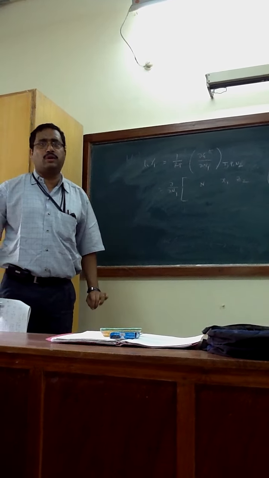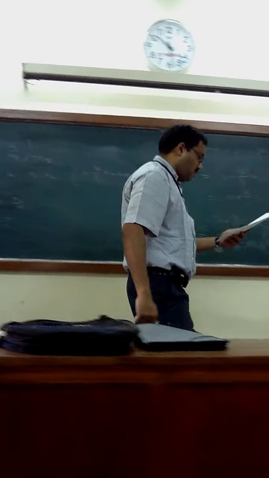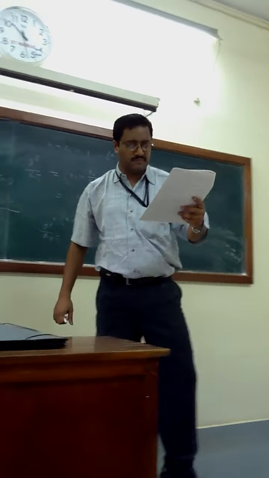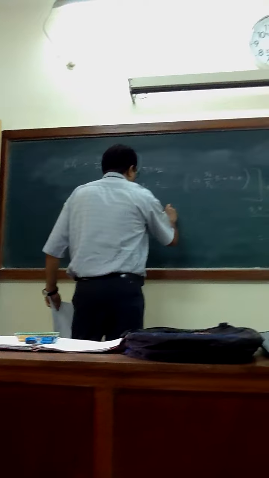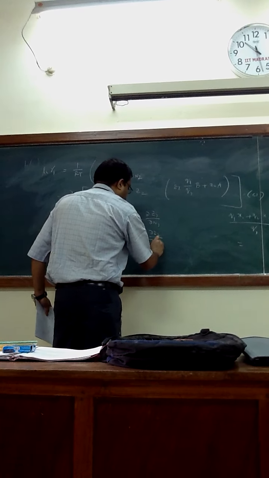So we need dou x1 by dou n1, it is obtained: x2 by n. What is dou z2 by dou n1? We need it. I am first calculating, then we will put it here. First we go for dou z1 by dou n1, and dou z2 by dou n1 next time.